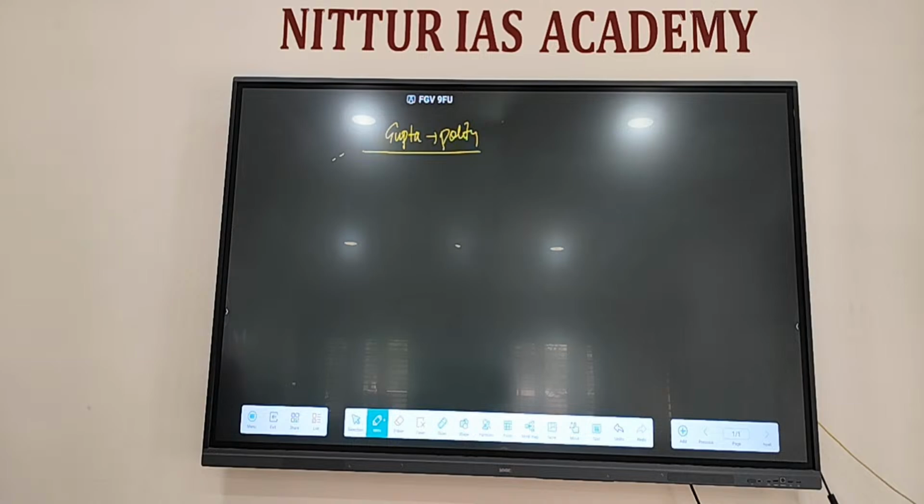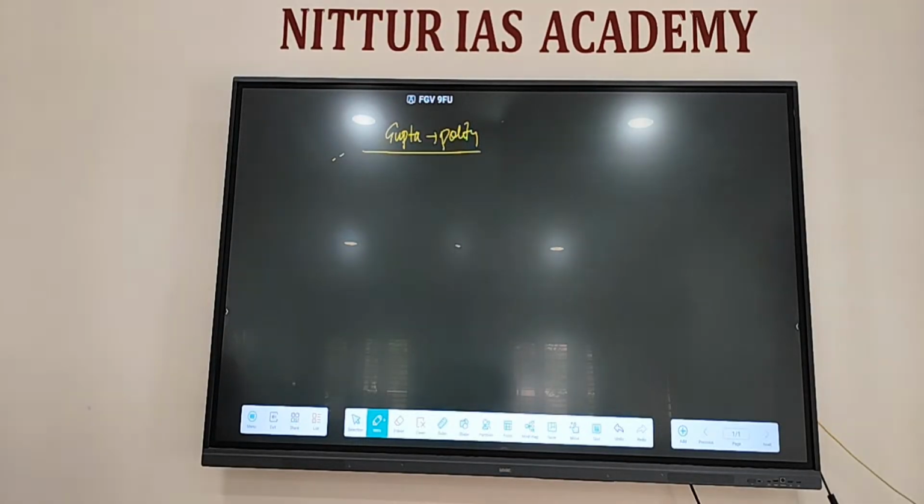Then we also discussed the ruler who founded Nalanda University. Kumaragupta. Yes, okay, it was founded in the period of Kumaragupta. Who gave the title of Kaviraja to Samudragupta? Harisena, the poet, gave it.